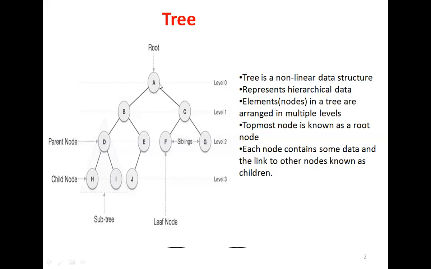So root node A is parent of node B and node C. B is parent of D and E. C is parent of F and G. Now A is grandparent of D and E. A is also grandparent of F and G. Are you getting me? Yes, sir. And A is grandparent of these nodes H, I, J.